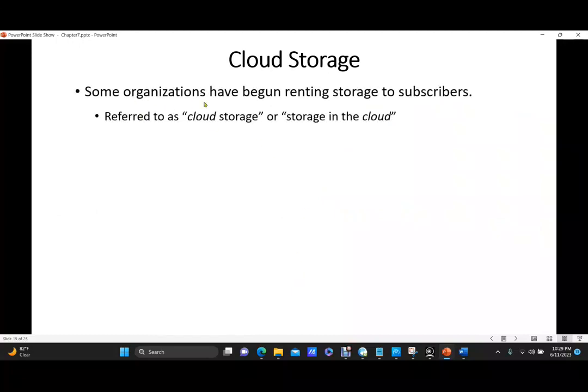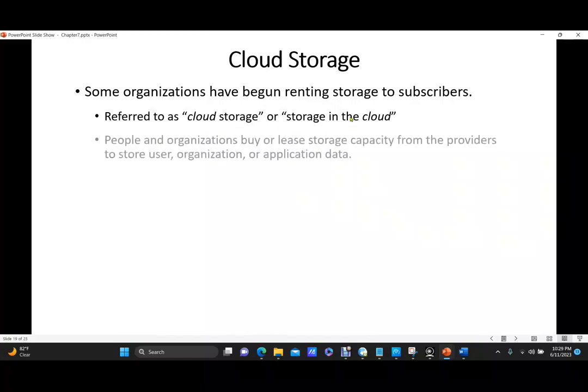Some organizations have started renting storage to subscribers. This system is referred to as cloud storage, or storage in the cloud. The idea is that people or organizations buy or lease storage capacities from the providers, who store the user or organization or application data for them.